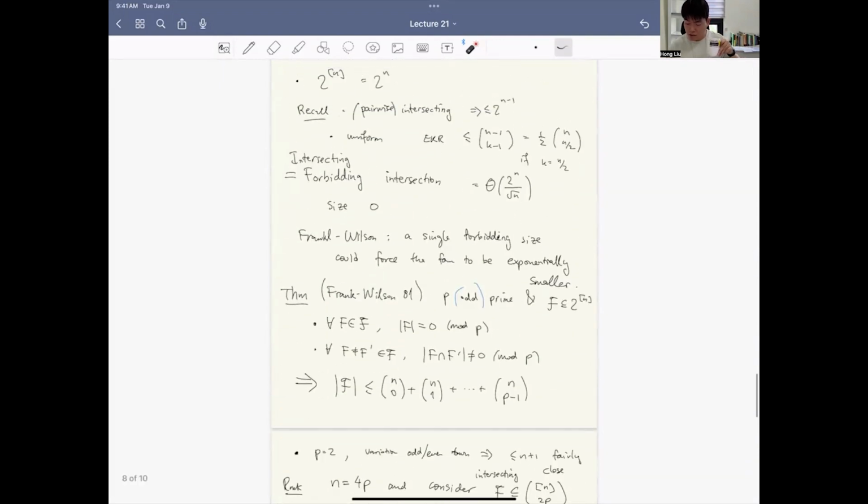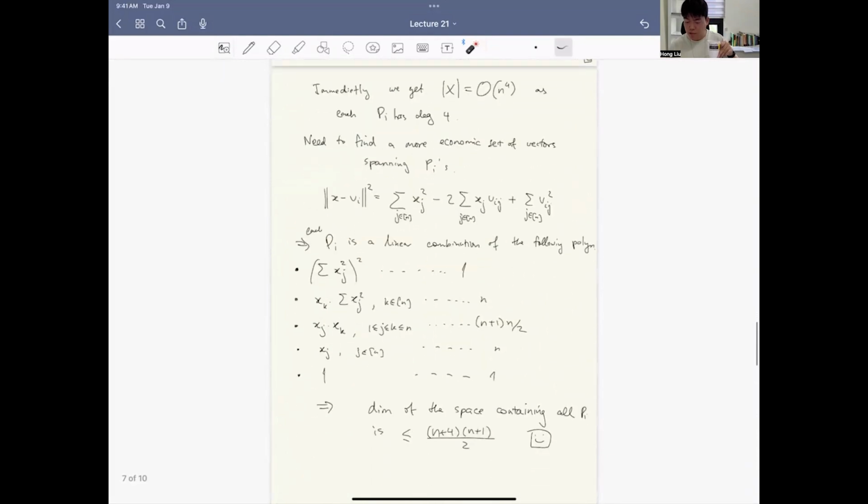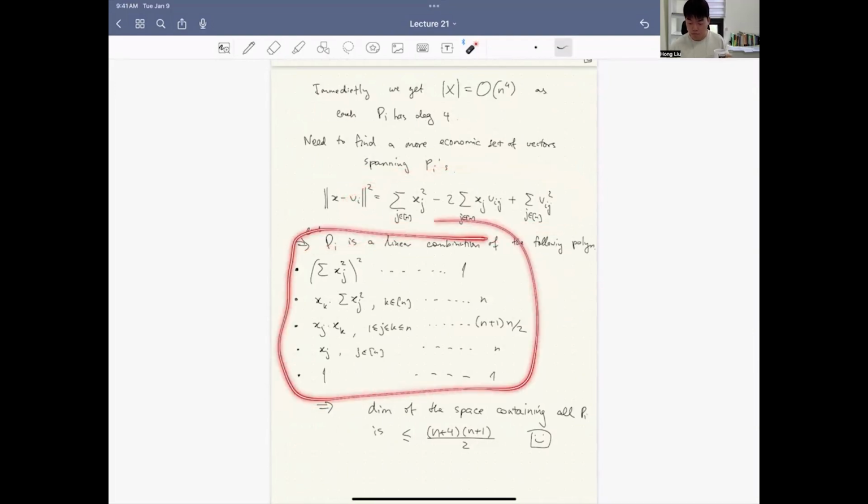Another trick is in this two distinct distance problem, where we have a set of polynomials which has some good symmetry; then naively using the dimension is not so economical, and you can make use of the symmetry to find a cheaper way to span them. That's another trick we're seeing here.